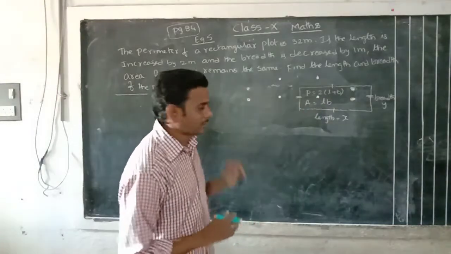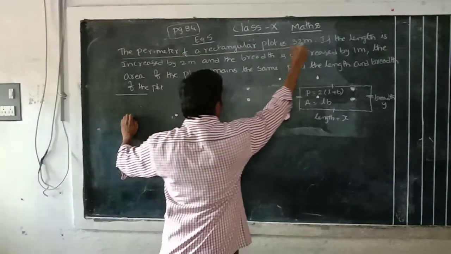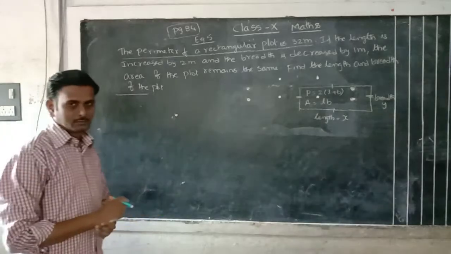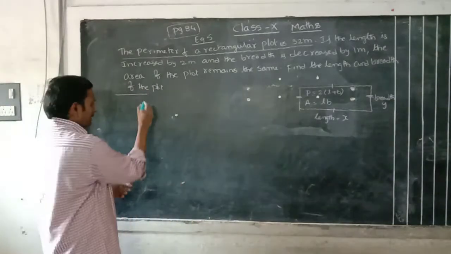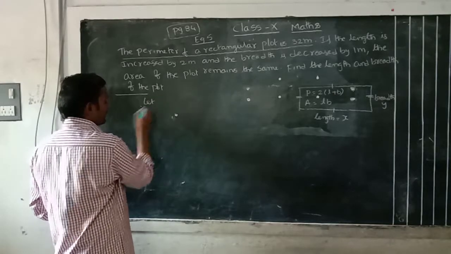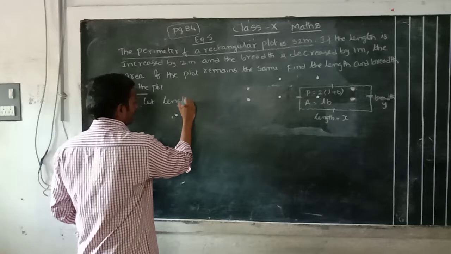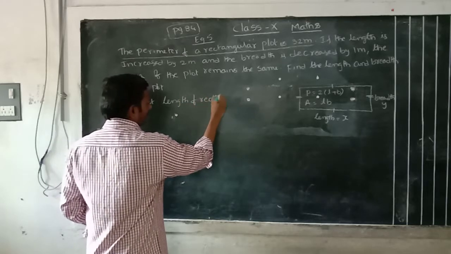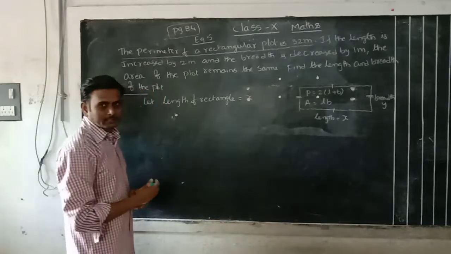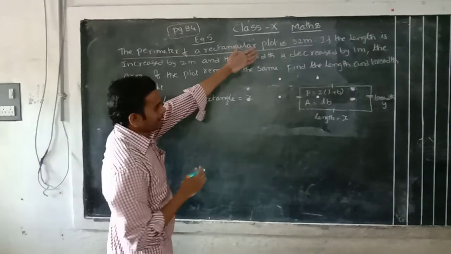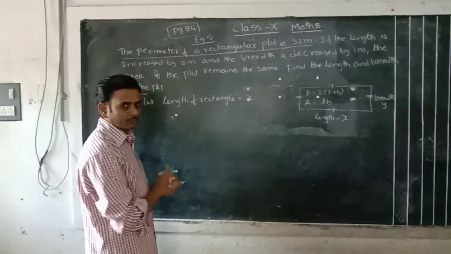Now we go for the question. The first part is: the perimeter of the rectangular plot is 32 meters. That is one sentence; the other sentence we will see later. First, the length of the rectangle equals x. Here we have meters, so we can take x m, though we don't need to write that.